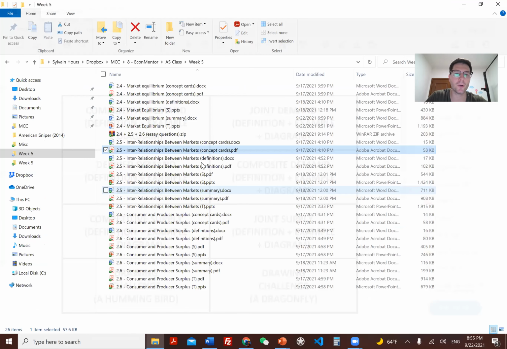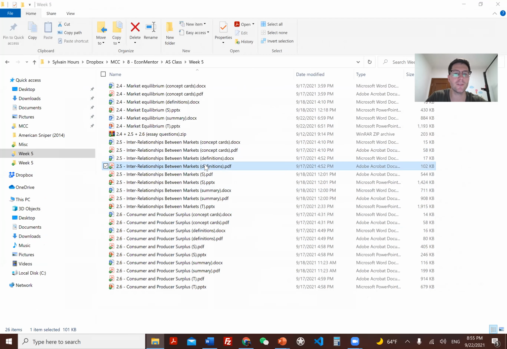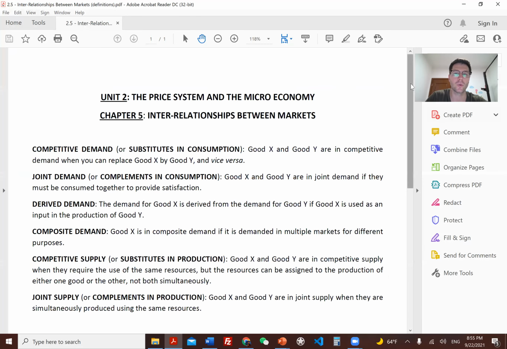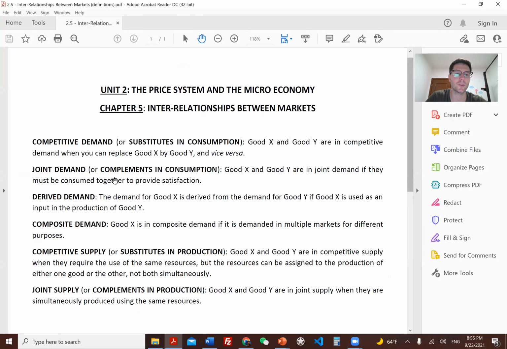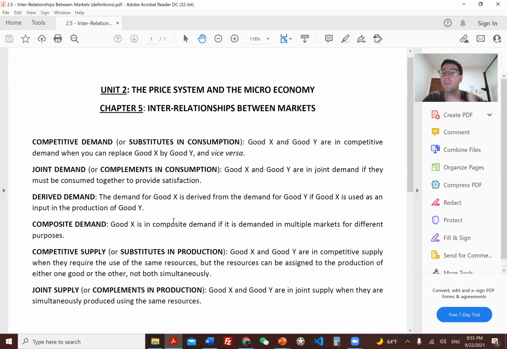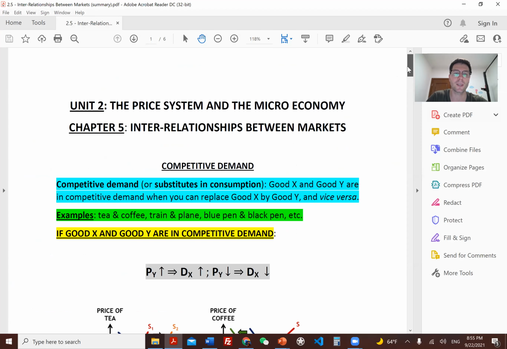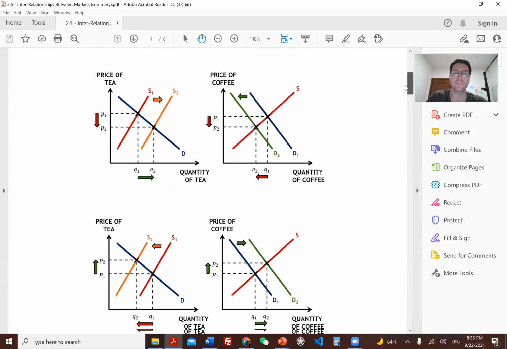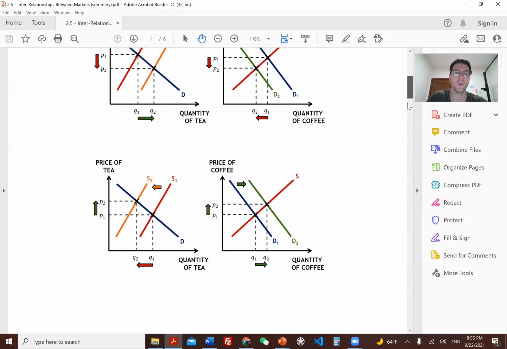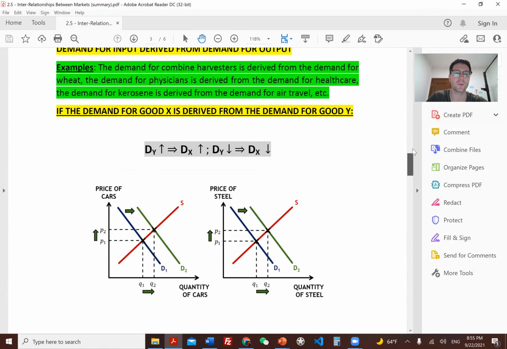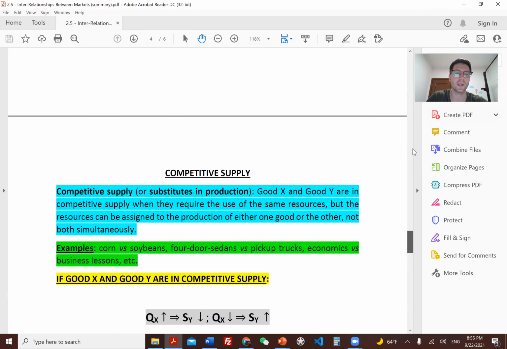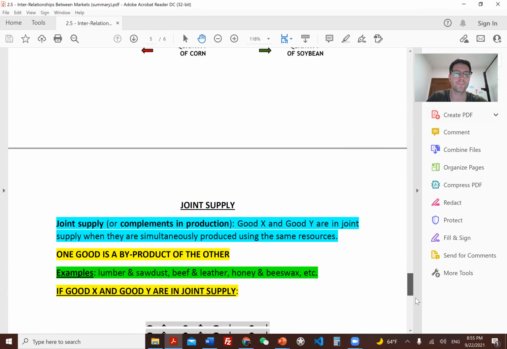Then you have the definitions, 6 definitions, of course, for each of these concepts, but most of them have already been given before. And then you have the summary. How many pages? 6 pages, 1 page for each relationship. Derived demand, composite demand, with the diagrams, examples, and so on.